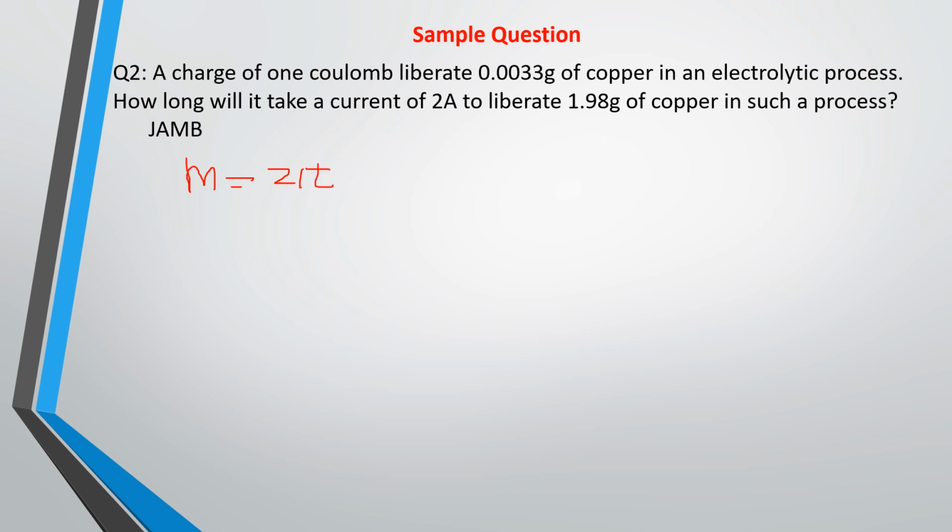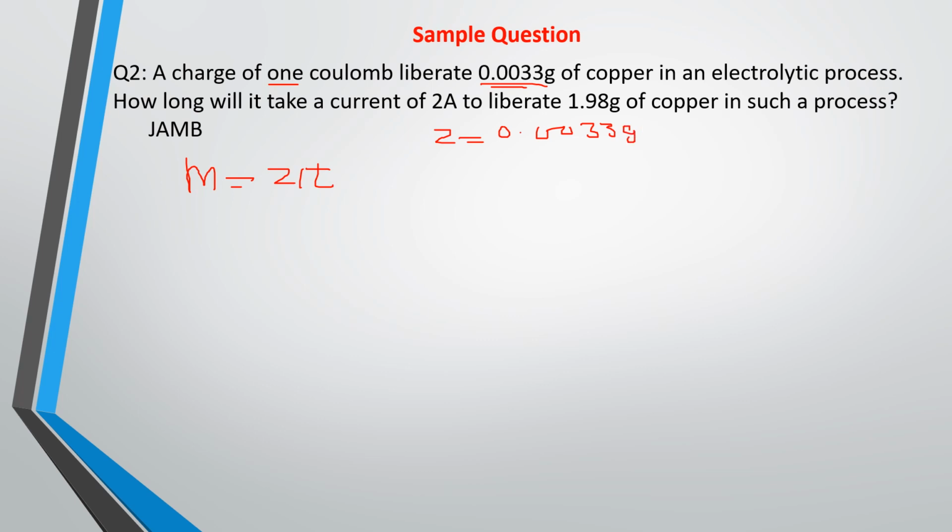Okay, so in this particular question, you are given your Z. Remember that the mass of a substance liberated by 1 coulomb of electricity is equal to what? The electrochemical equivalent. So if 1 coulomb of electricity liberates 0.0033 gram of copper, it means that this is the electrochemical equivalent of copper. So the electrochemical equivalent of copper has been given to you because that is the mass liberated by 1 coulomb.